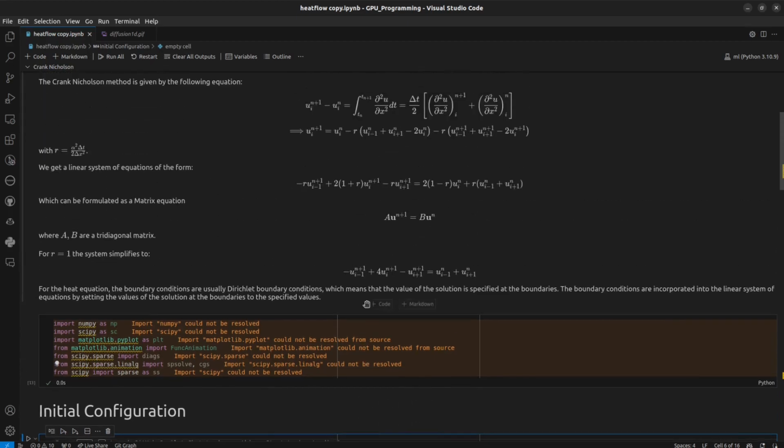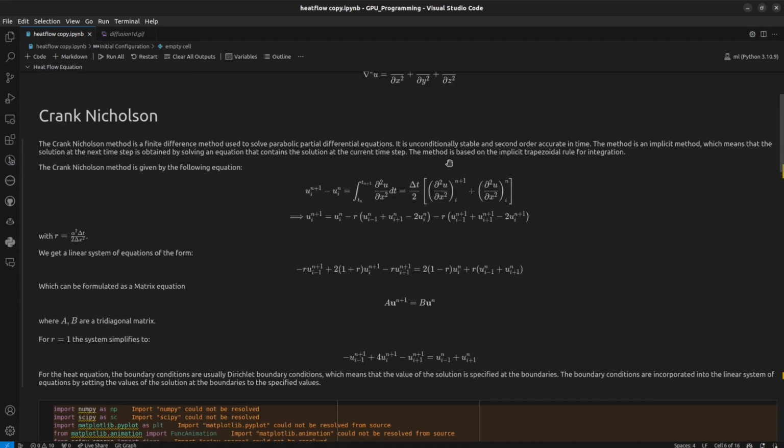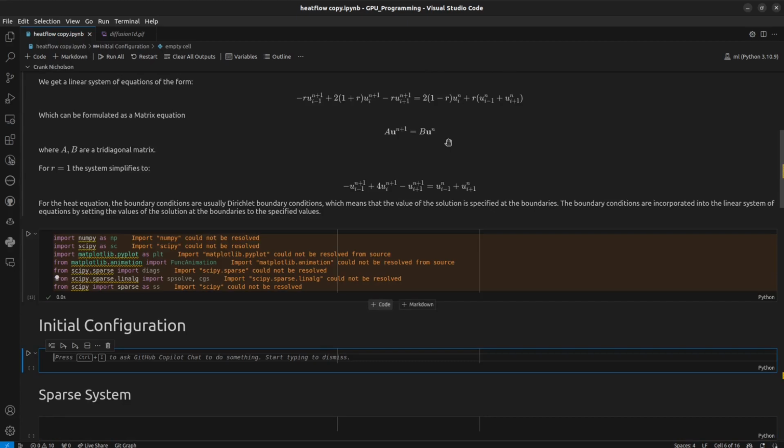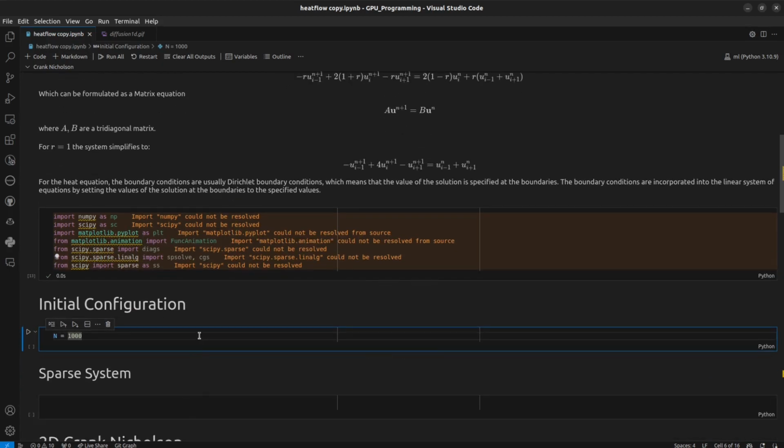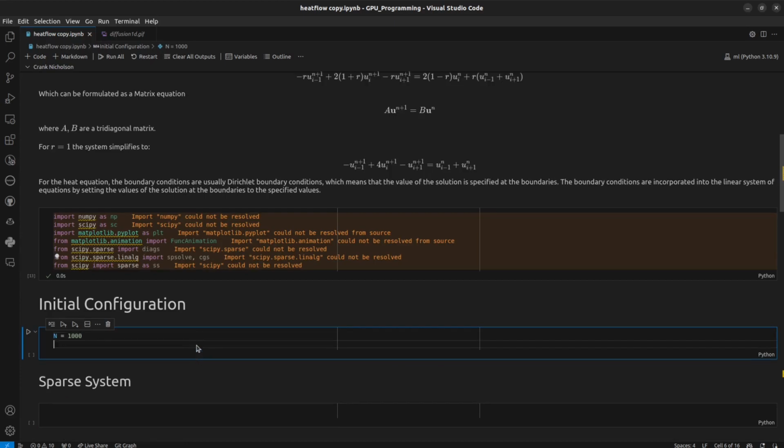From first principle, this scheme is unconditionally stable, but we can't make the distance between 2 points too large or we'll encounter numerical issues. But we'll just take 1000 points, and by this equation up here you can compute how much that would be if we had an interval from 0 to 1, or whatever you like to choose for the length of your interval.